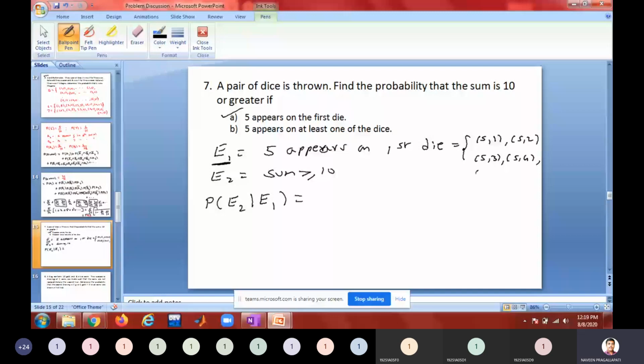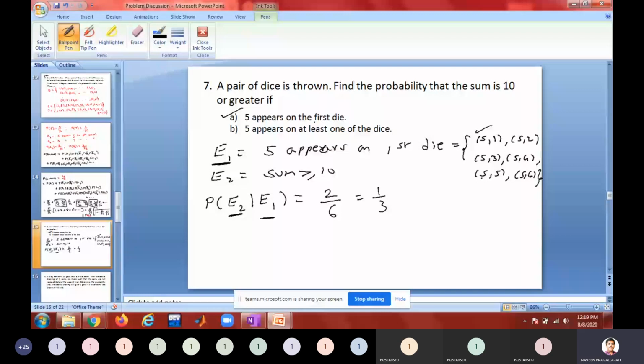So you have to search the favorable outcomes for E2 only in the reduced sample space. The sample space got reduced because of the prior information. Here the sum is 10 or more for 5 plus 5 is 10, and 5 plus 6 is 11. So these are the two cases. 2 by 6 is equal to 1 by 3. So what I'm trying to say is that conditional probability is nothing but the probability over a reduced sample space.